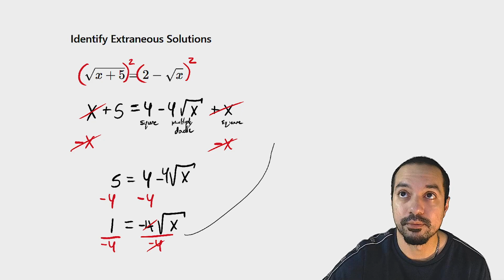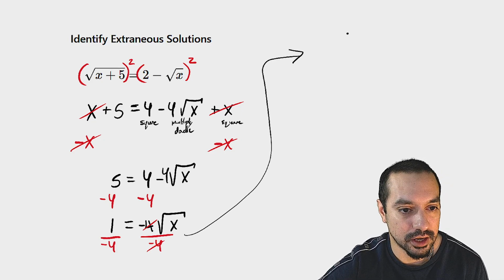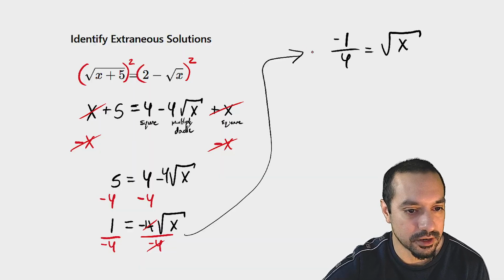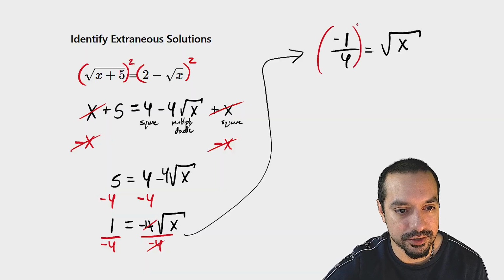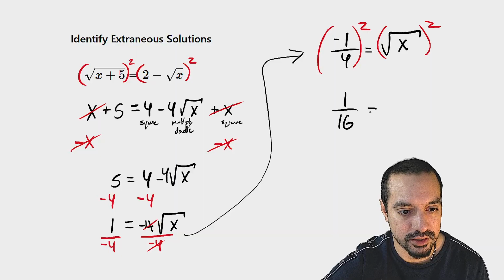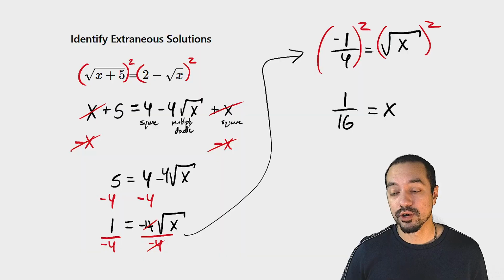Let me bring my work up here. We end up getting negative 1/4 equals the square root of x. From here, I'm going to go ahead and inverse the square root. So I'll square both sides. And we get 1/16 equals x.